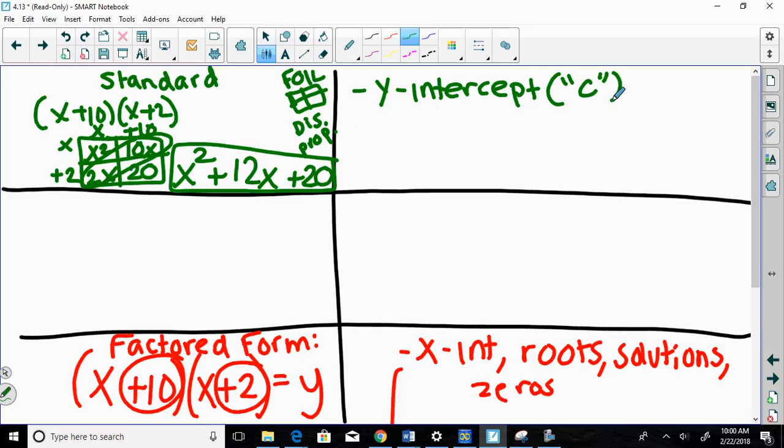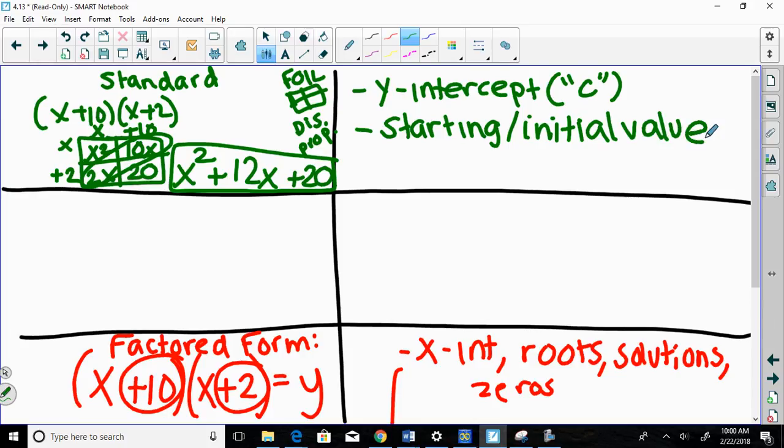What other words did we learn that mean y-intercept? Do you remember, like when we did word problems for linear equations? Starting, initial value, starting point. And what is our x-coordinate for our y-intercept? 0.